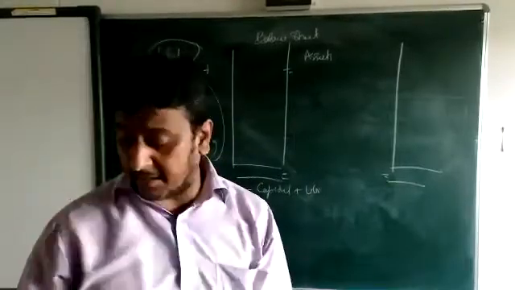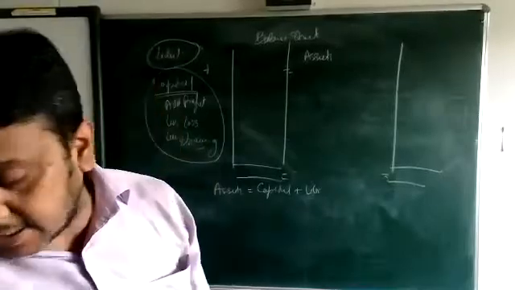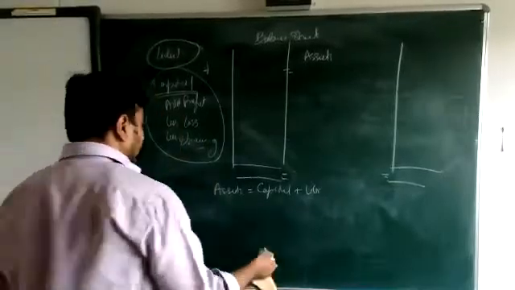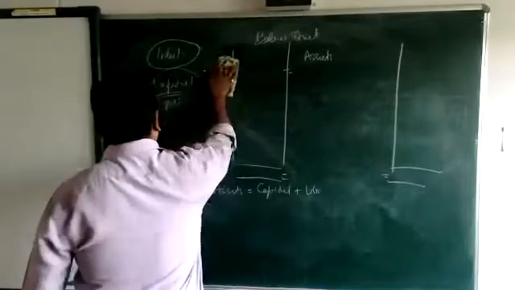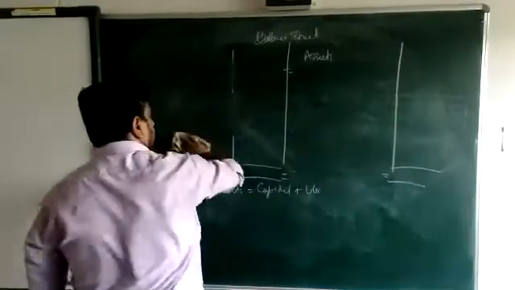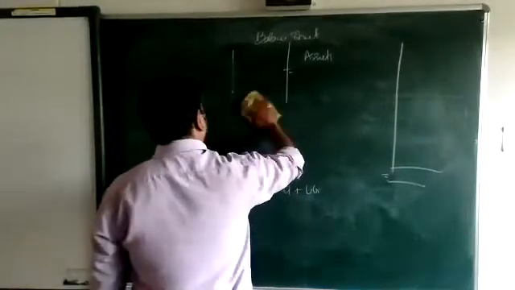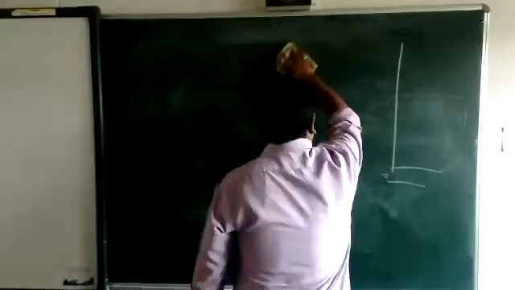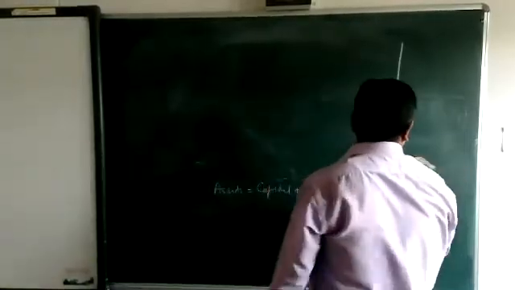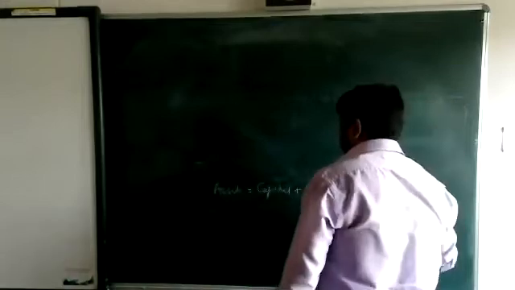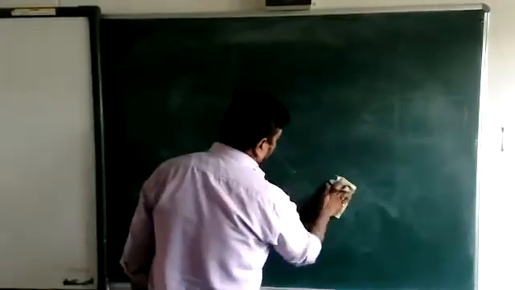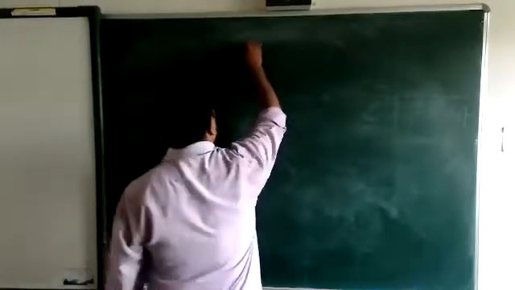That is made by the balance sheet only, because in the balance sheet two sides are there: one is the asset side, second is the liability side. Both sides will be equal for the assets, liabilities and capital, by which we make this formula: assets is equal to capital plus liabilities.